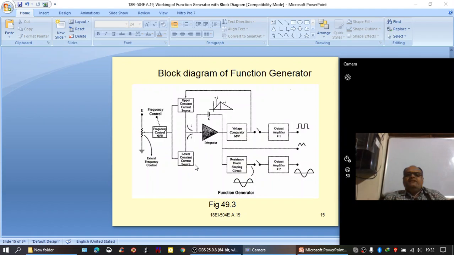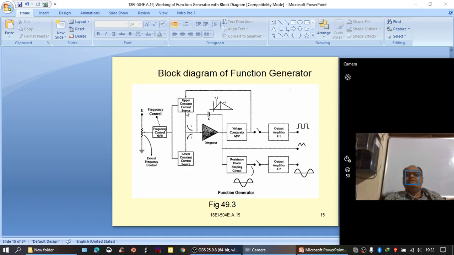Now, a detailed circuit diagram of a function generator. The function generator mainly works on this frequency control network, which supplies constant current to an integrator circuit through the upper constant current source or the lower constant current source.